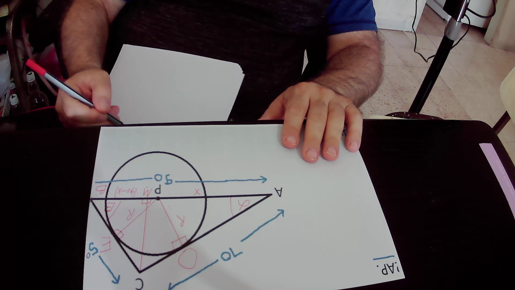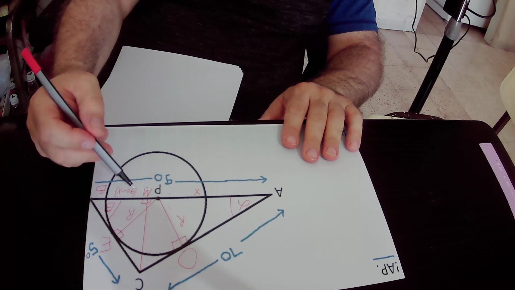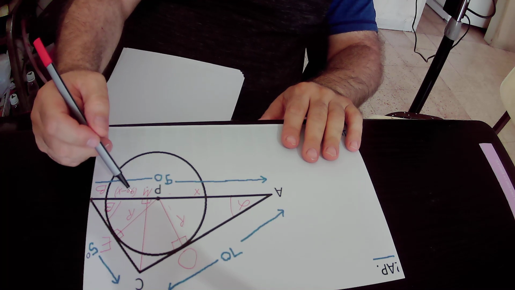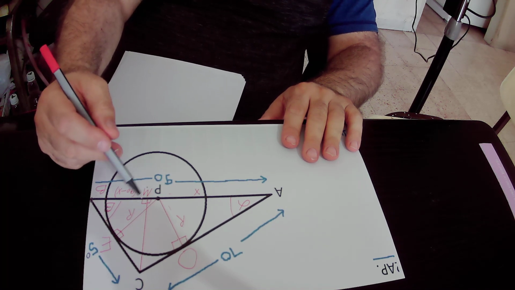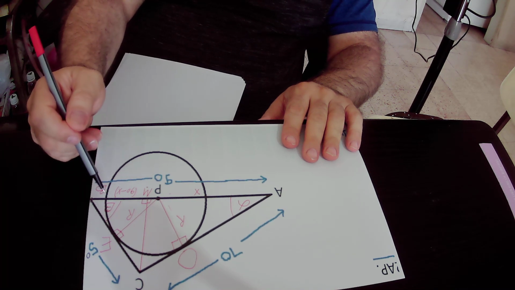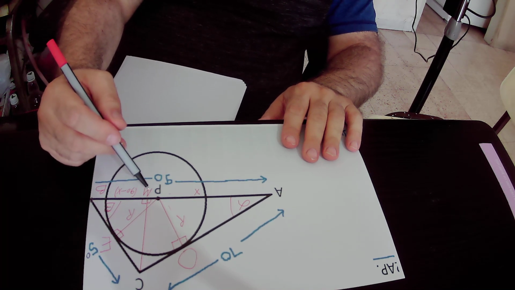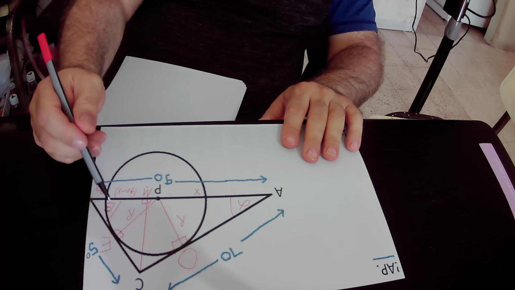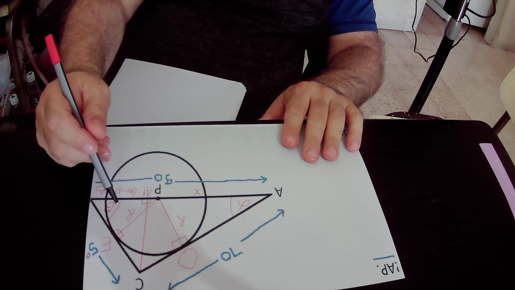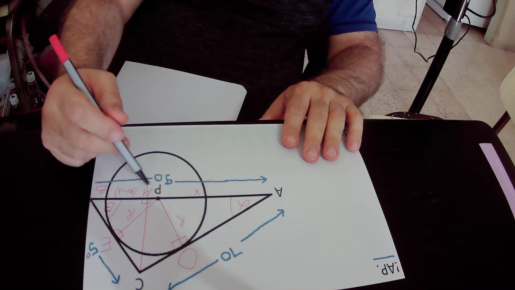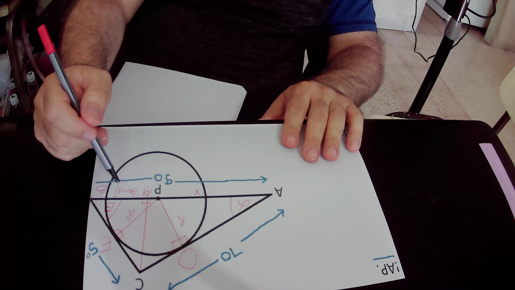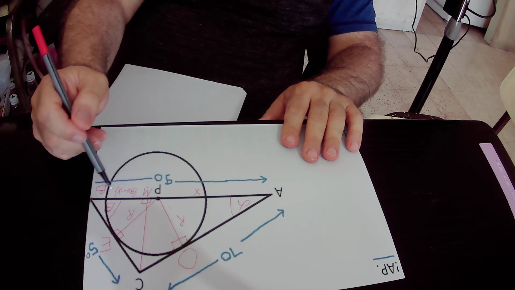Why? Because in the right triangle EPB we have side PE that is perpendicular to side PB. So PE and PB are the perpendiculars of this right triangle, so PB must be the hypotenuse of this right triangle.